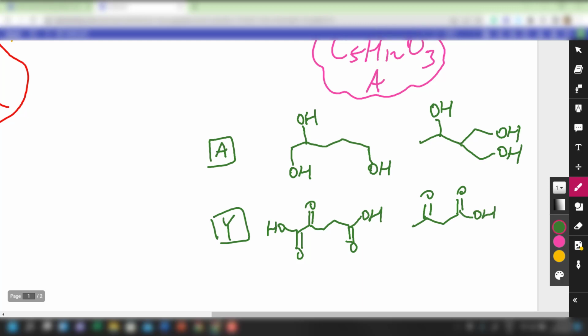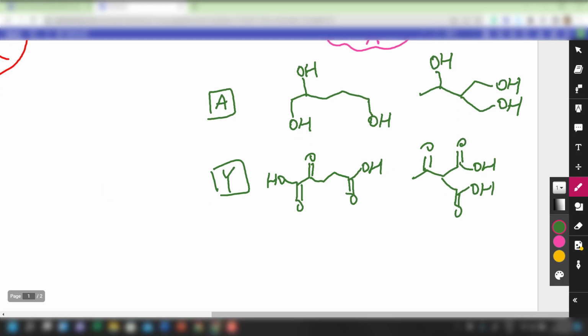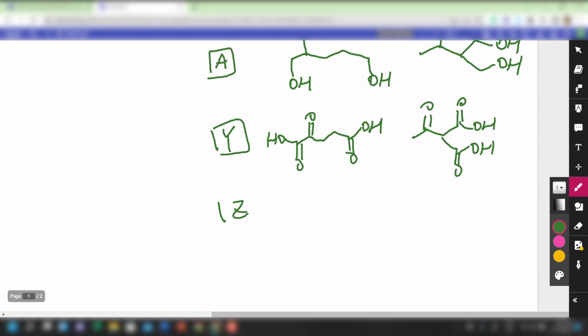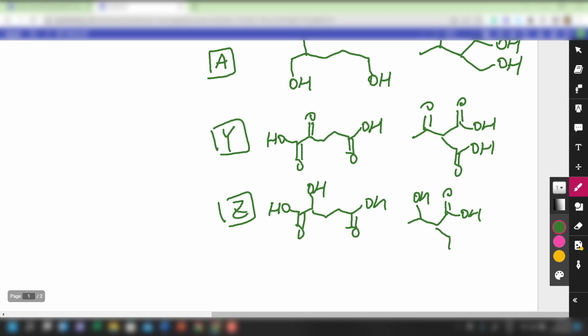I hope you will agree with me on that. Therefore the structure of Z after reduction of Y using sodium borohydride will be this: OH, and then OH, double bond O. A carboxylic acid will not be reduced by sodium borohydride. So these are the two potential structures for Z.